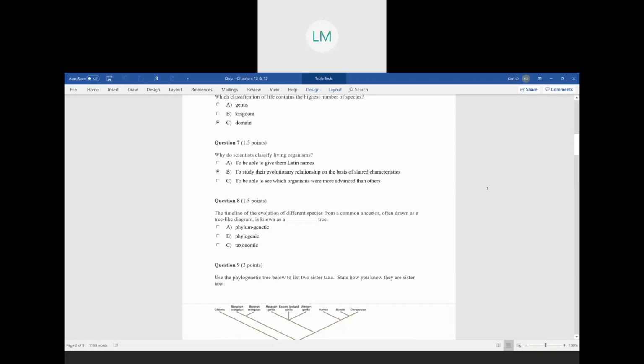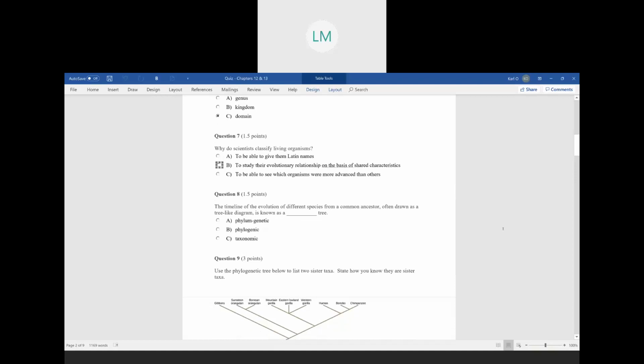The Latin names are just a standard so that all the researchers across the globe are referring to a specific organism in a specific way. We don't have multiple names for the same organism. And it's not necessarily to see which organisms are more advanced. We're just wanting to see how these organisms are related.